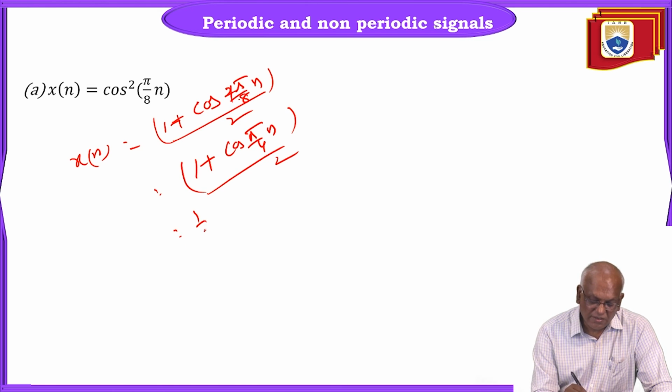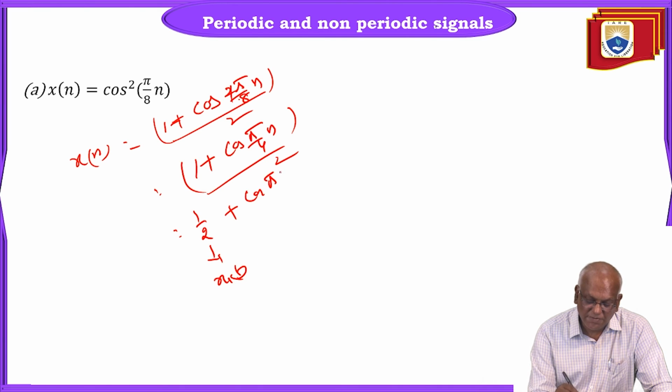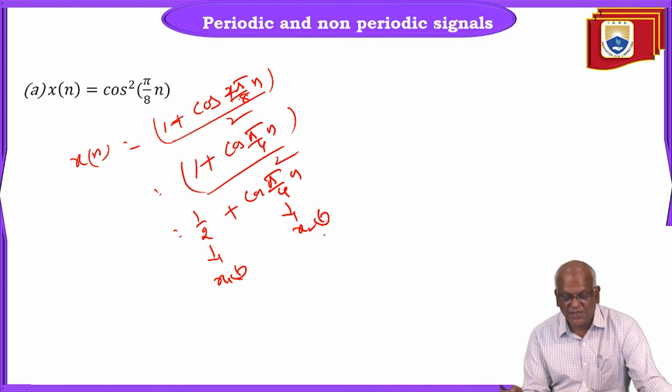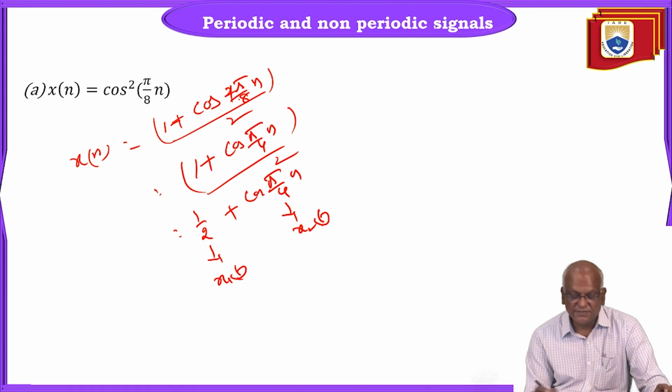It contains a DC signal, x1 is a DC signal, plus cos pi by 4 n is the signal x2. A combination of DC and sinusoidal signals.